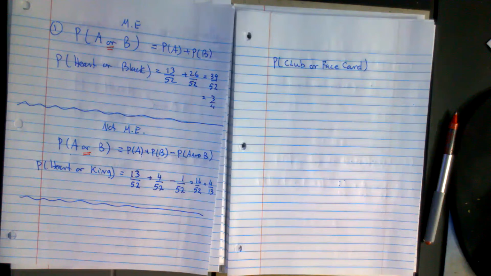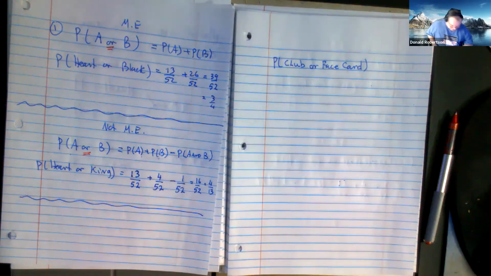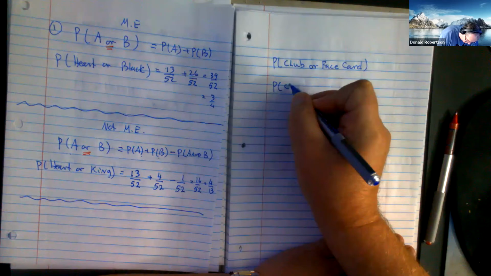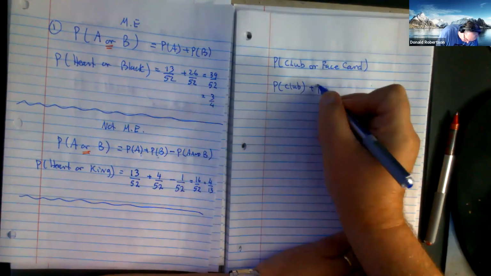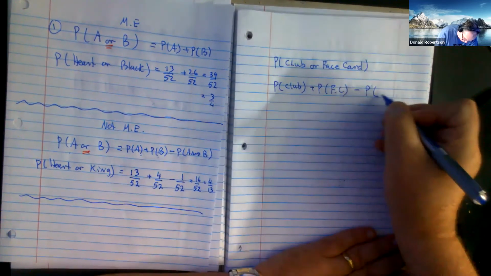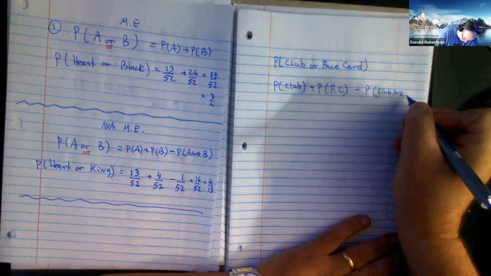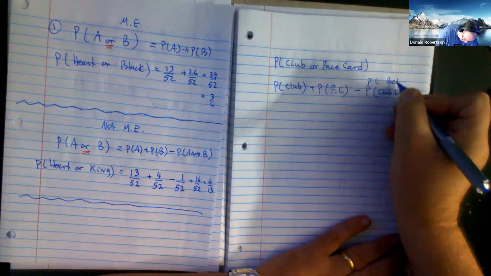Would you agree that they share a lot of terms, don't they? In this case, quite a few. So if I was going to separate that out, and I'll do it without A's and B's, it's the probability of a club plus the probability that you get a face card, take away the probability of a club and a face card. Or if you want to say it for short, that you get both.